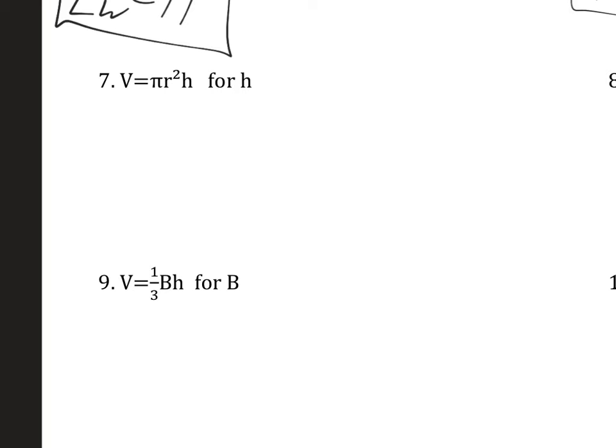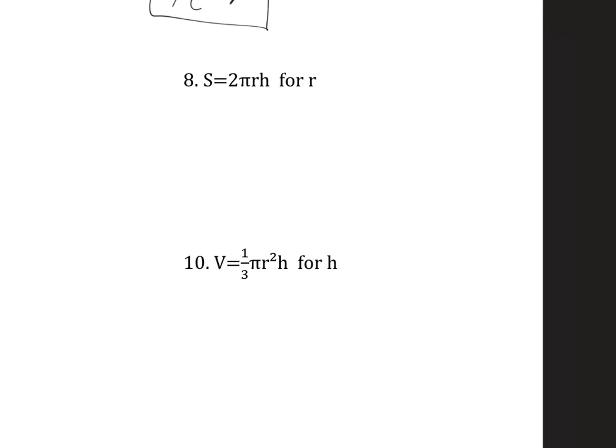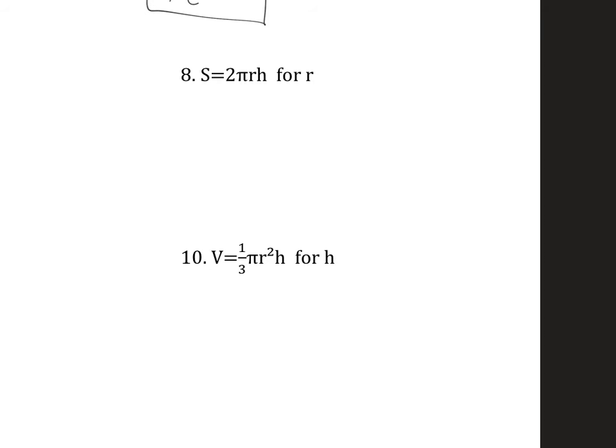What am I going to do? I'm going to divide both sides by pi r squared. So my answer is V over pi r squared equals H. Awesome. I want you to do this next one.